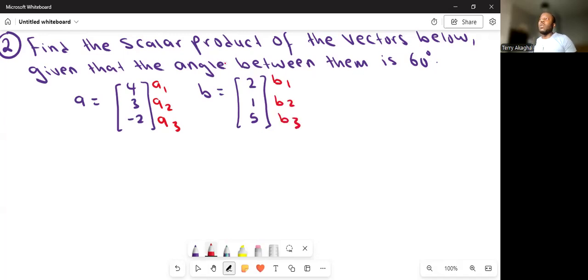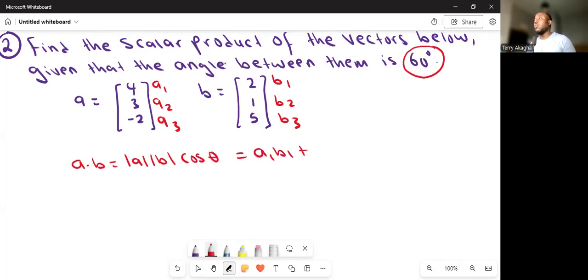Are you seeing it? Now, we're already given theta to be 60 degrees, and we're looking for the dot product, okay? So now, if you look at the formula again, we have A dot B is equal to the magnitude of A, the magnitude of B cos theta, which is equal to A1 B1 plus A2 B2 plus A3 B3, okay?